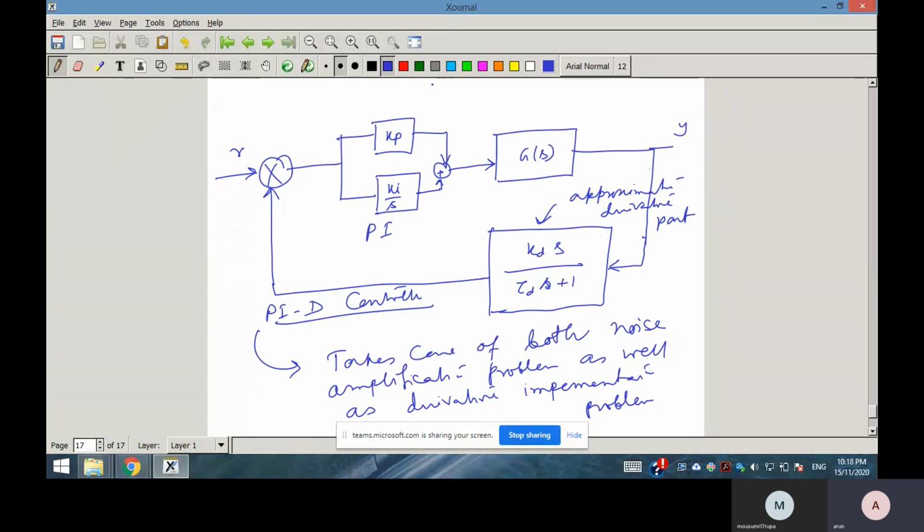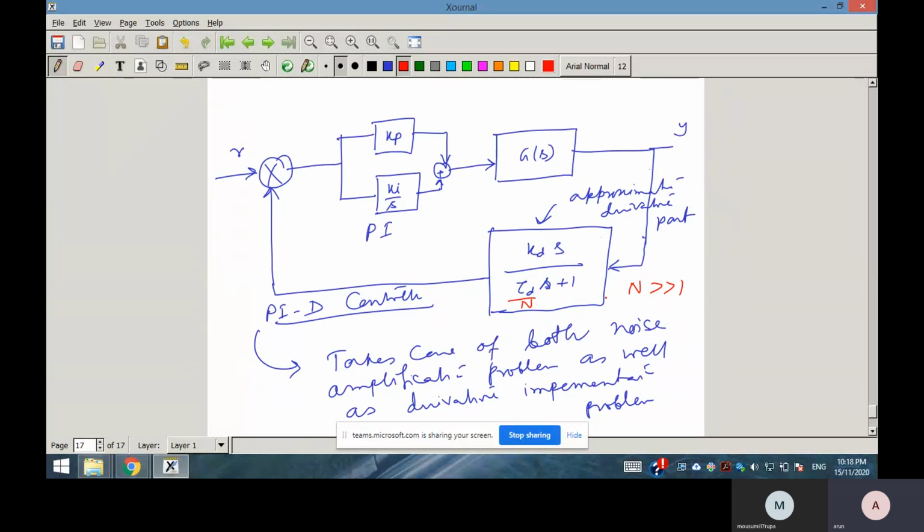In fact, here sometimes we add one N to make this much faster. So N is greater than 1. So some tau d is chosen, and then N is made much greater than 1 depending on requirement.